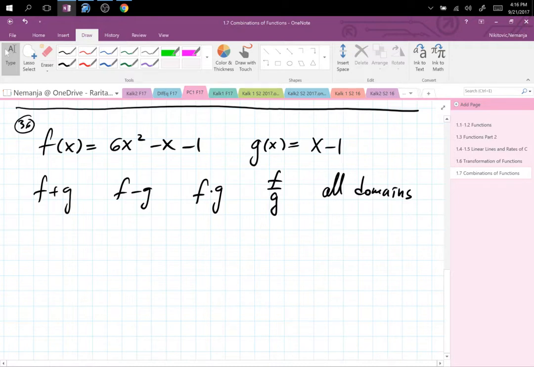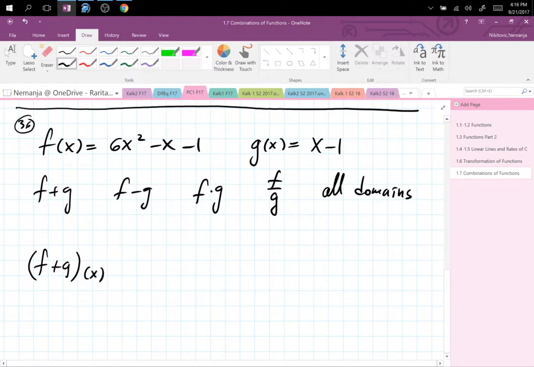I'm going to solve one of these in full so you can see the notation and the proper way to do it, because math, as any other foreign language you learn, you need to know how to spell, right? Which is the big portion of learning any mathematical concept. So I'm going to first say that I am working on f plus g of x.